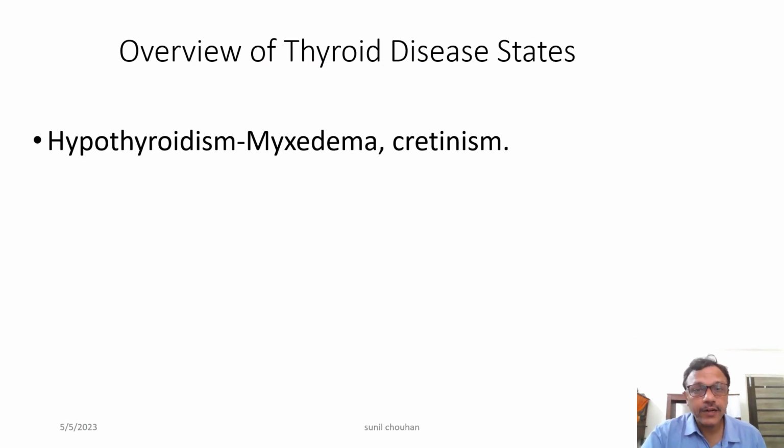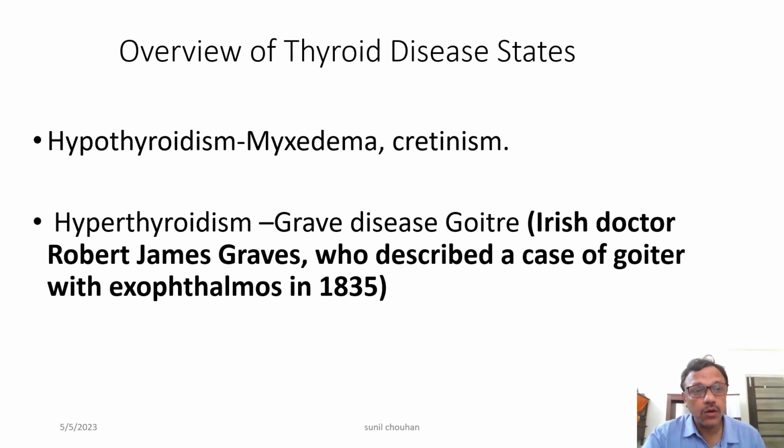So goiter formation can take place either in hypothyroidism or in hyperthyroidism. When there is decreased T3, T4 production, the condition is known as myxedema, which happens in the adult. And when there is a decreased amount of T3 and T4 in the childhood period, it is known as cretinism.